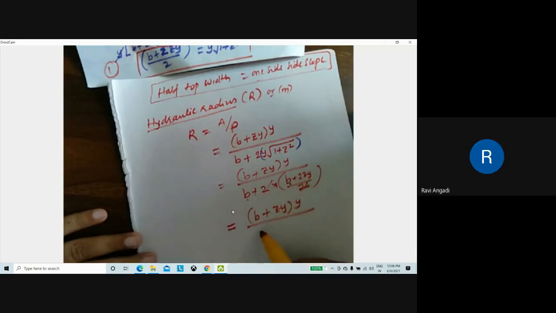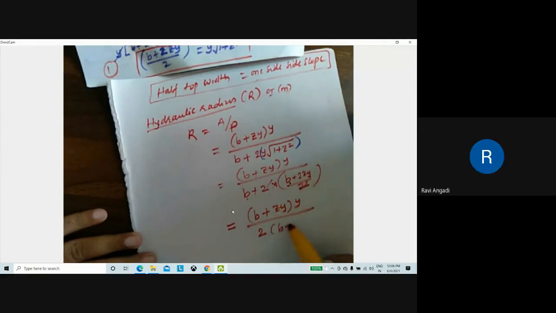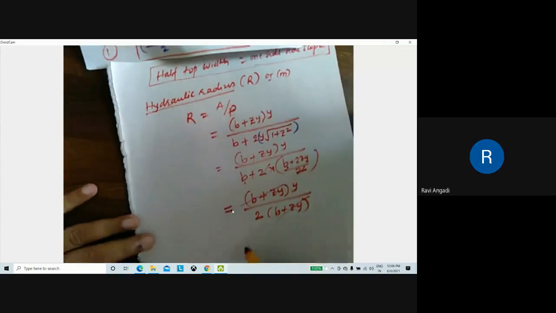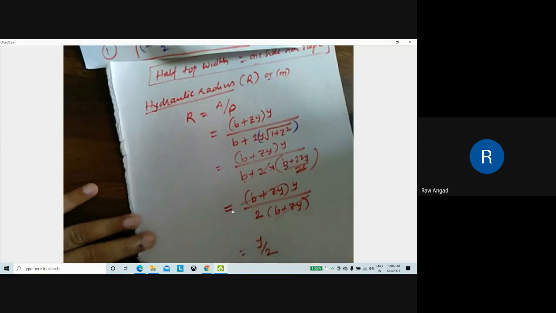Correct. And again here 2ZY. I'll take 2 common. Then this gets cancelled. What do I get? Y by 2. So this is the hydraulic radius.